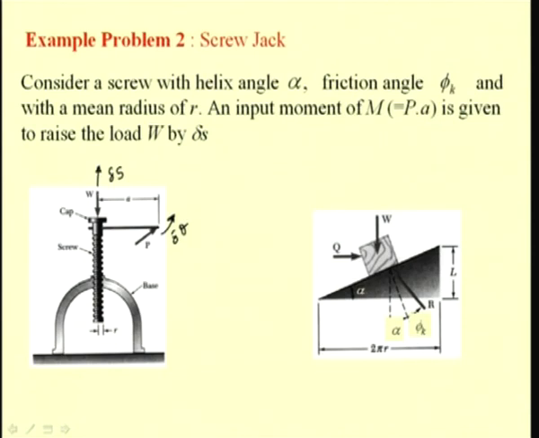The load is raised by this lead for one rotation, that is 2 pi r, and for the raising load condition we have this Q, the equivalent force for this moment, that is Q times r is equal to P times a. This we have seen earlier when we solved this problem on the screw jack by using an analogical inclined plane.